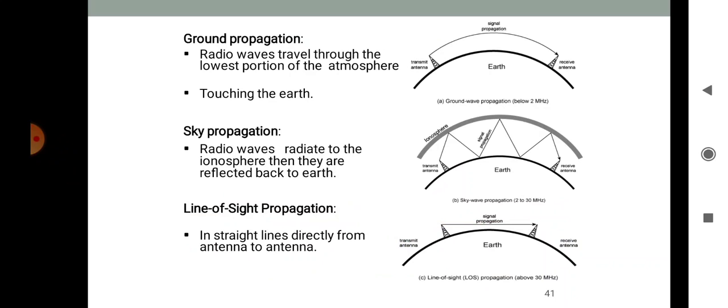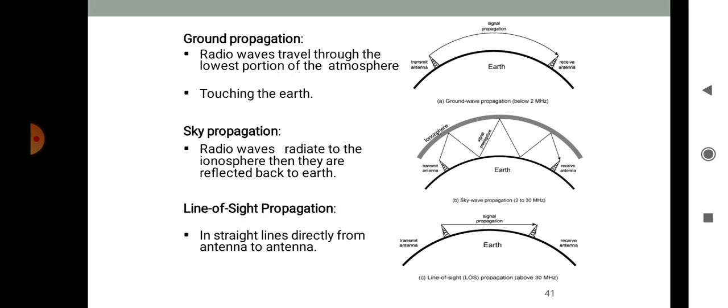First is ground propagation. These radio waves in this band propagate along the ground surface, as ground or surface waves. The wave is connected at one end to the surface of the earth and to the ionosphere at the other, and the ionosphere is the region above the troposphere, where air is available.